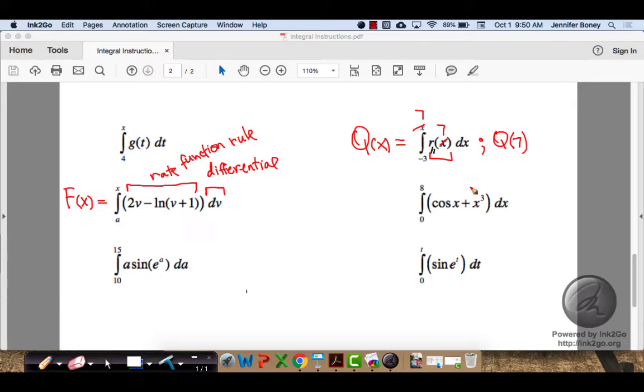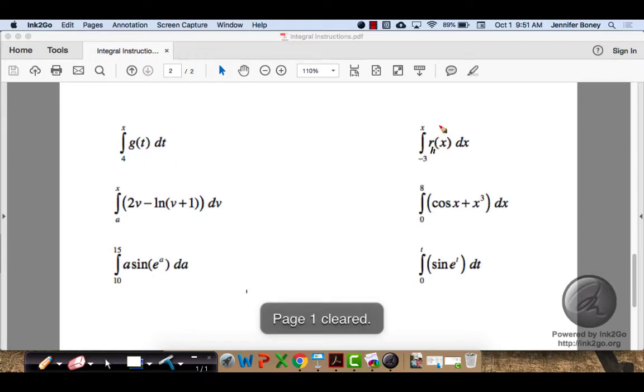So if I were to evaluate q of 5, I would be using one particular rate, whatever the rate is at 5, for that whole interval, -3 to 5. Whereas if I were to take and change this to some other letter, like I'll just use t. T is used a lot, just like f is used a lot for functions.